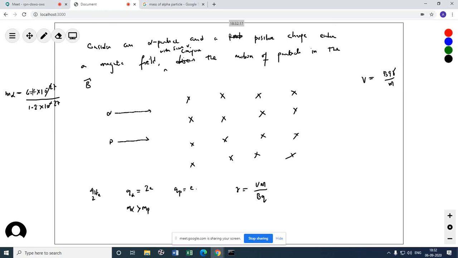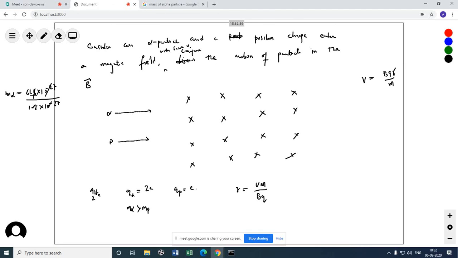These are all rough work. So 6.6 divided by 1.2, that is 66 divided by 12. How much do I get? 5.5.